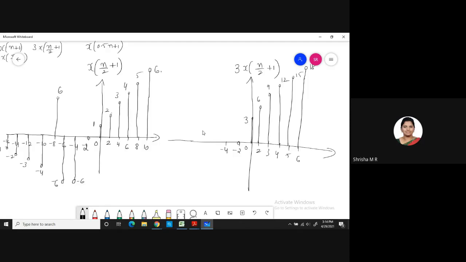On the n axis, minus 2, minus 4, minus 6, minus 8, positive. Okay, at 2, 4, 6, 8, 10. I'm sorry.